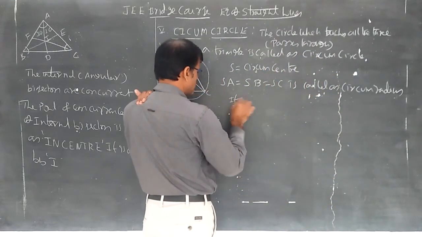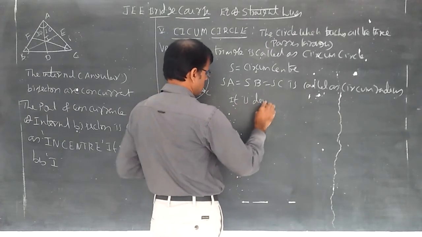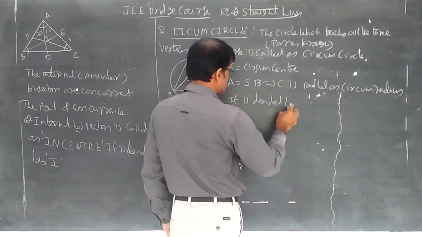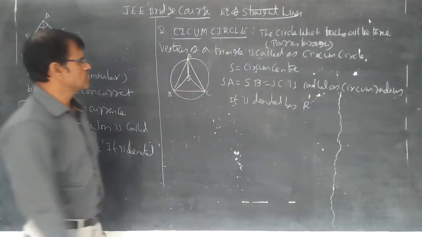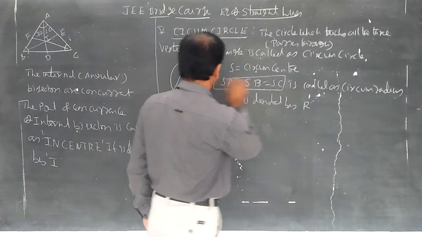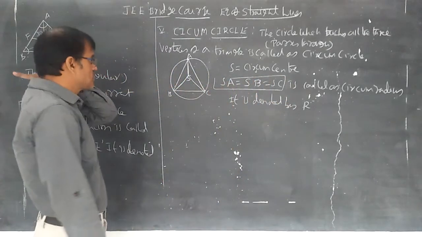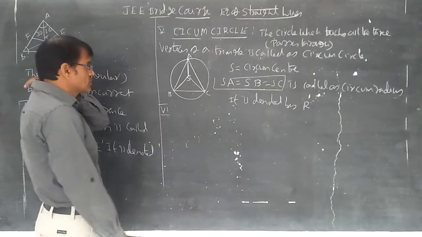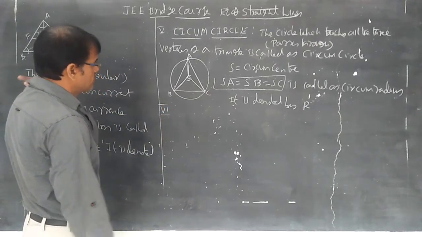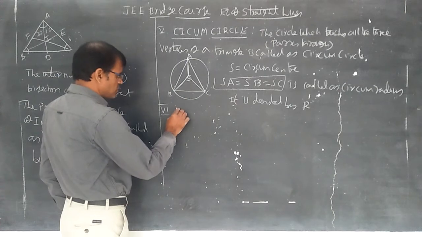It is denoted by capital R. So SA is equal to SB is equal to SC is equal to capital R.